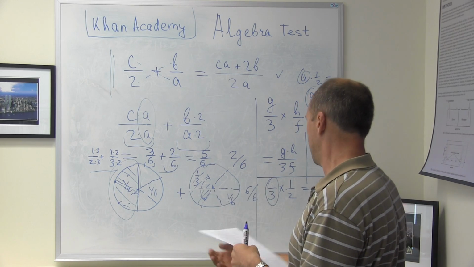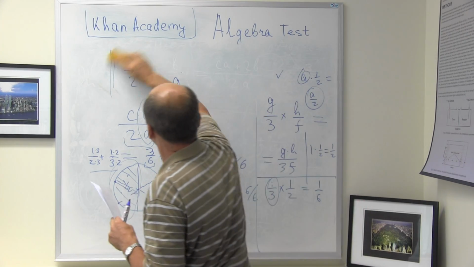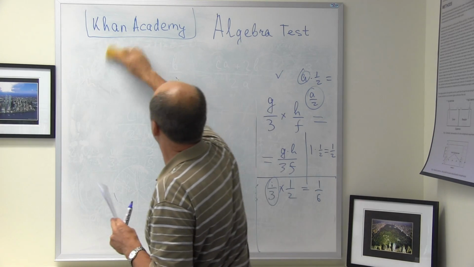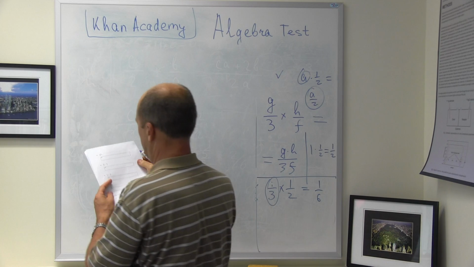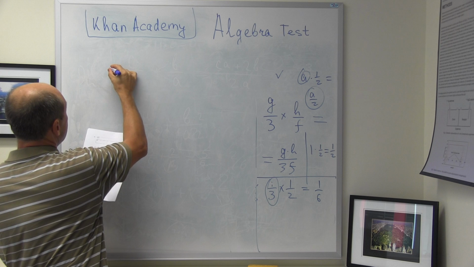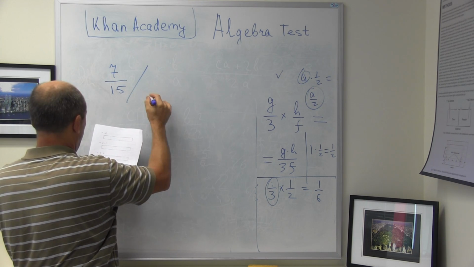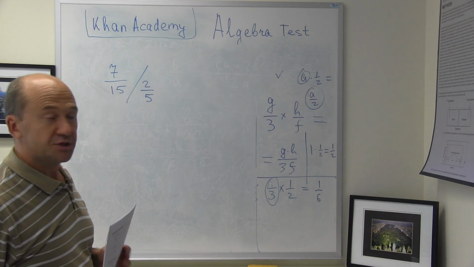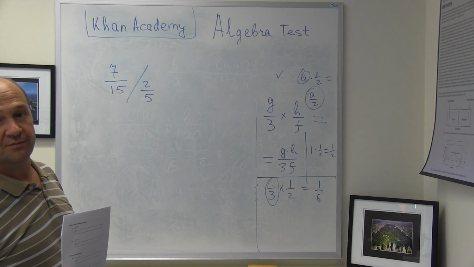Now we want to do a division of fractions example. So I'll go here, and the example here, let's do the numerical example, which is number 6. So we need to divide 7/15 by 2/5.